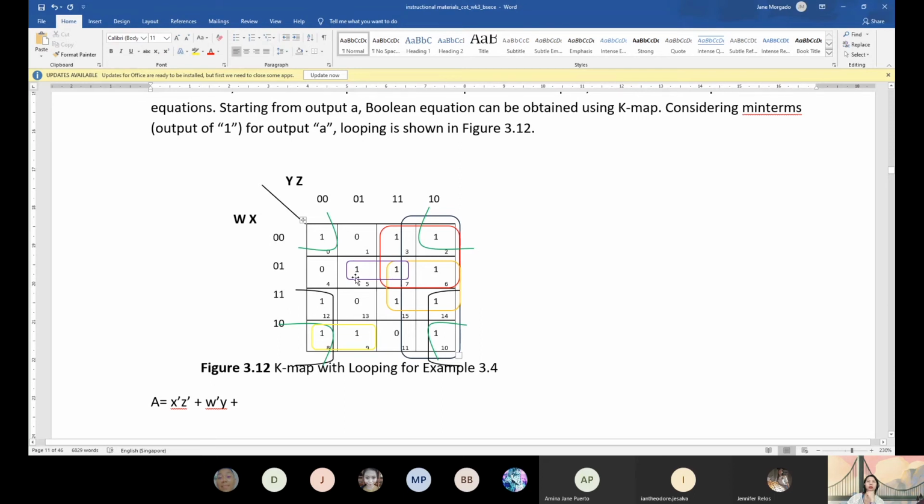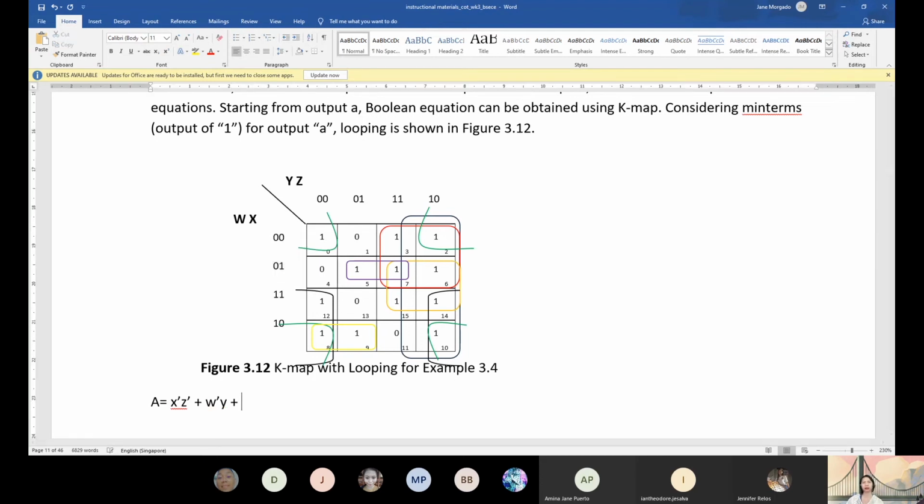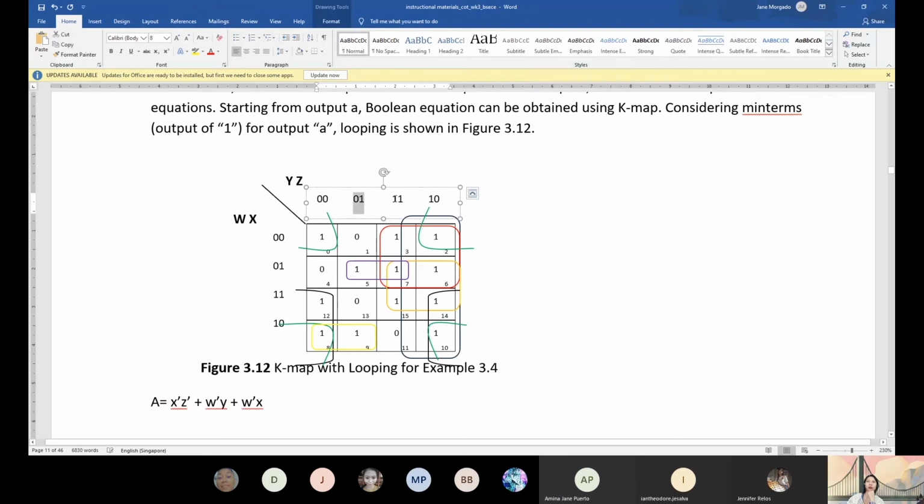It only has one value for the WX plane: W is 0, X is 1. Therefore, we cannot eliminate that, but we shall write it. How do we write it? W prime X. With respect to YZ, it has two values, 0, 1 and 1, 1.